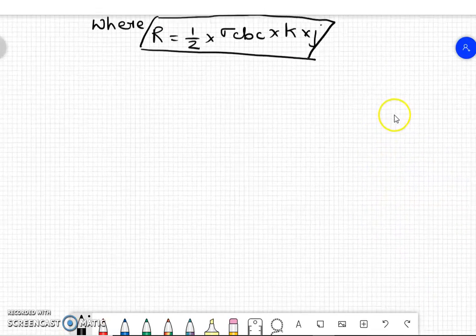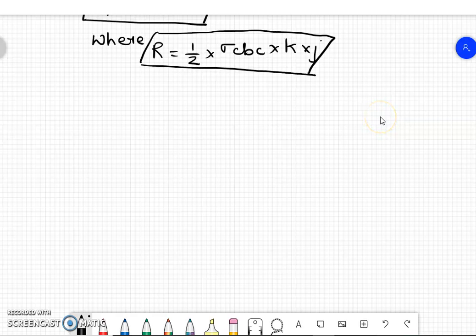Okay. If we write the second equation considering the tensile force, that is MR is equal to T into lever arm. Both are possible, so I will just write here or.